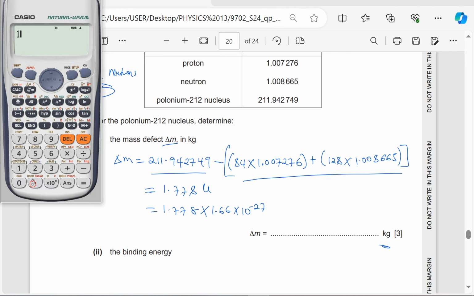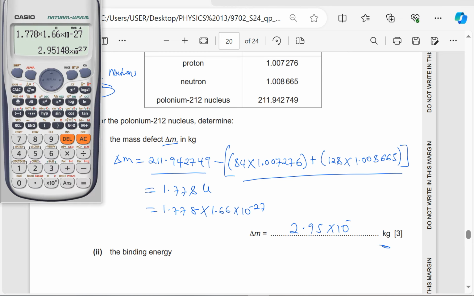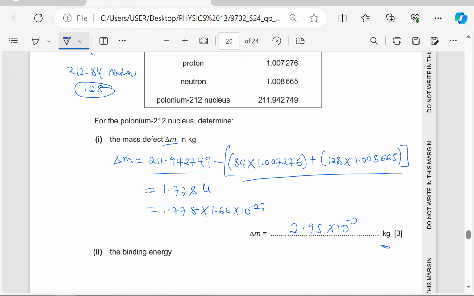So 1.778 times 1.66 exponent minus 27. So that is 2.95 times 10 to the power of minus 27.